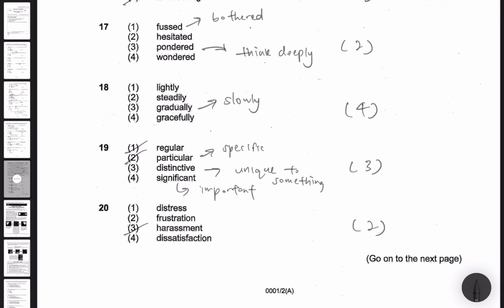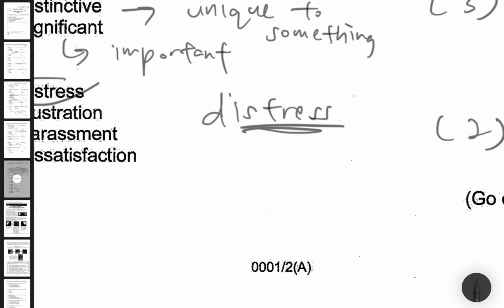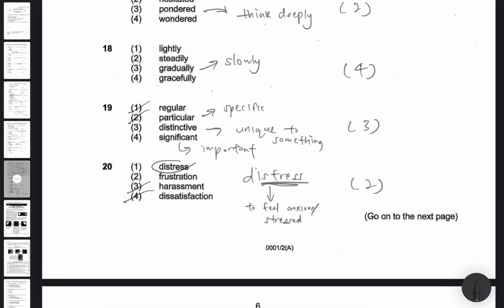Dissatisfaction is not satisfied. Distress. Look at the word distress. I want you guys to look at it. See, you can decipher that. You can guess the meaning, right? Based on the word itself. Distress. So therefore this means what? To feel anxious, or stressed. Simple. Okay.